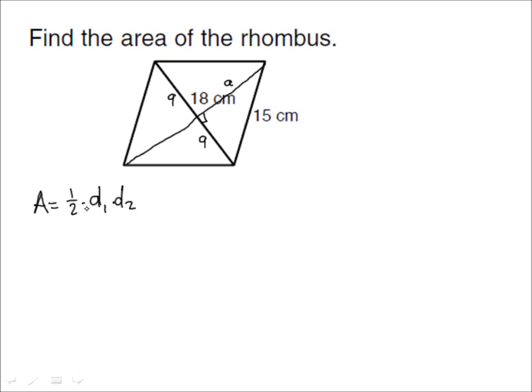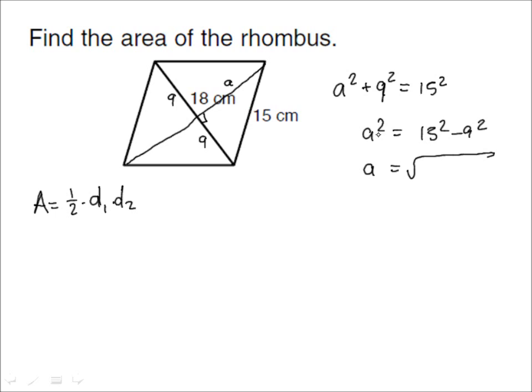I'm going to go ahead and use this formula though, and I do need to figure out a. So a squared plus the other leg squared, which was 9 squared, equals 15 squared. So a squared is going to equal 15 squared minus 9 squared. And then for a, we're just looking at the principal root.